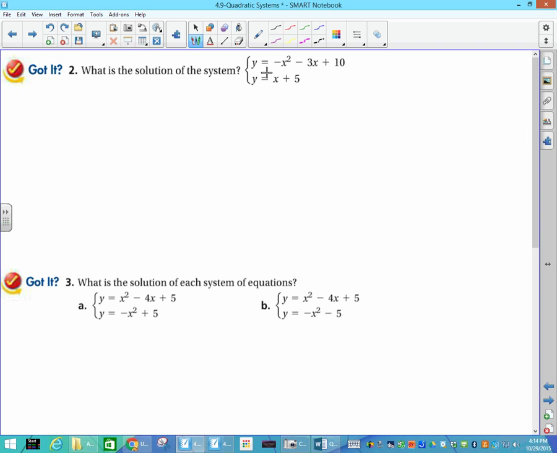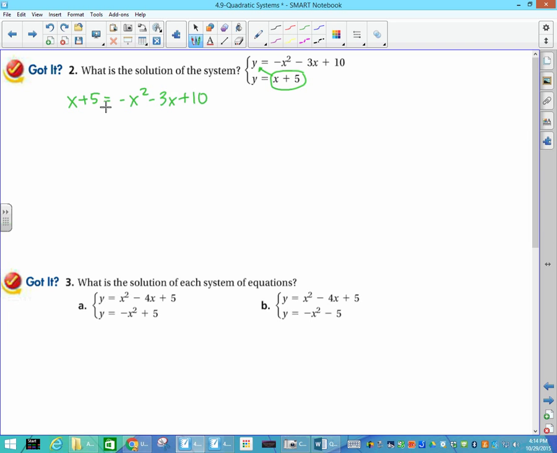If this is y and that's y, then you're just going to set these two things equal to each other. However you wish to think about it, whether you're putting this there or this one there, the whole point is if they both equal y, they both have to equal each other. So I'm going to put in x plus 5 equals negative x squared minus 3x plus 10.